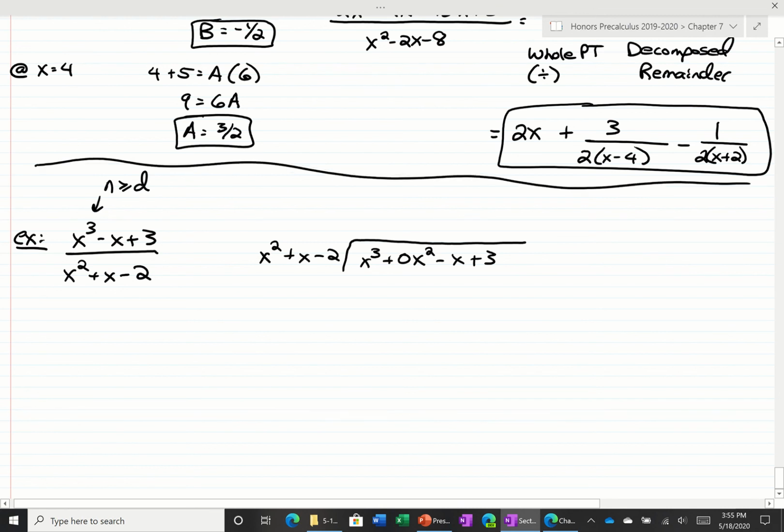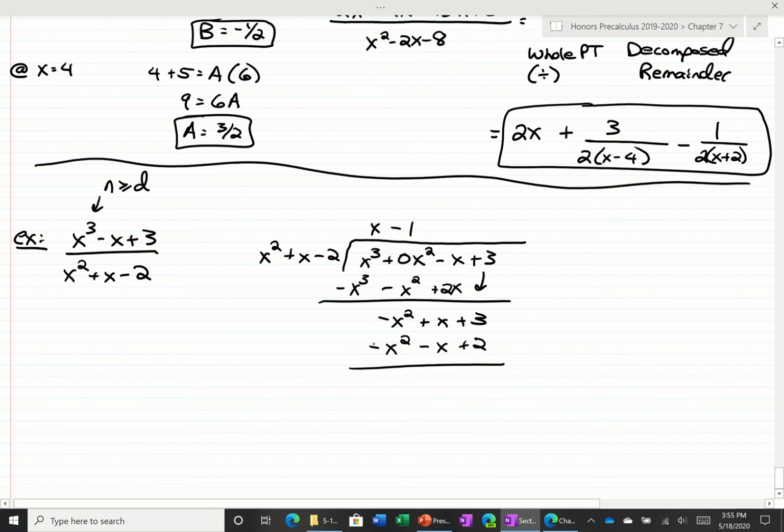And using long division, we get x. Remember, we have to subtract these. x squared times negative 1 is negative x squared. Subtract these. And we'll get 2x. 3 minus 2 is 1.